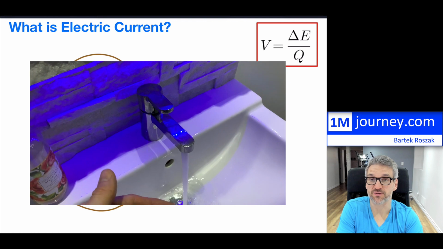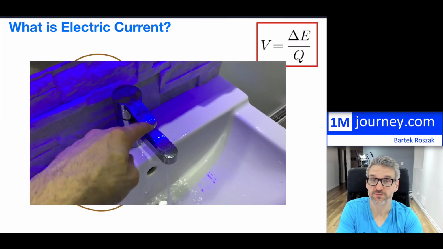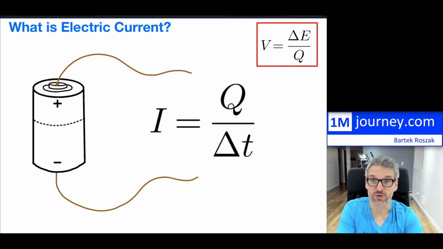In this case, if you're talking about the flow of electrons from one point to another, you can again ask, how many electrons are actually flowing? Now, current in general is defined in the following way.